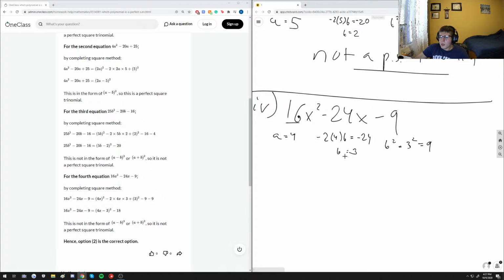And also, really, b squared equals 3 squared has to equal negative 9 because we do have to consider the sign here. So ultimately, we would assume that it could be factored, but because of the signs, it actually can't be factored. So we say that it is not a perfect square trinomial.